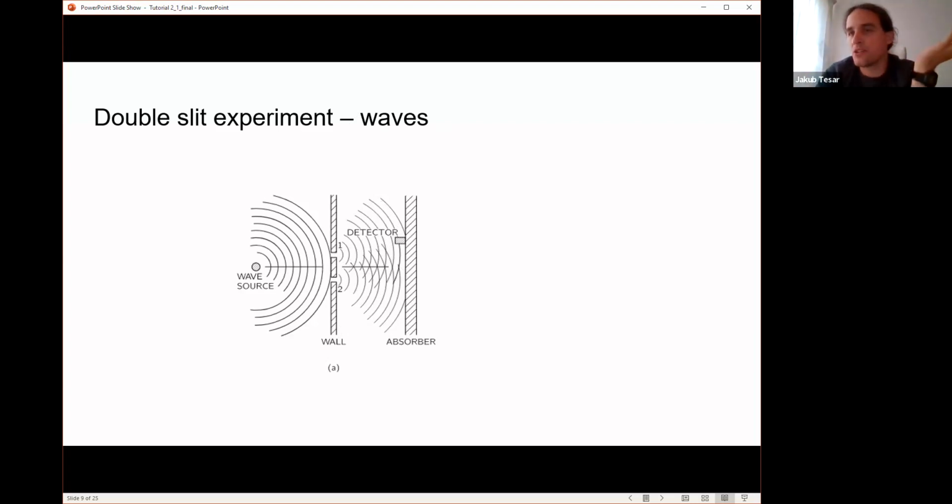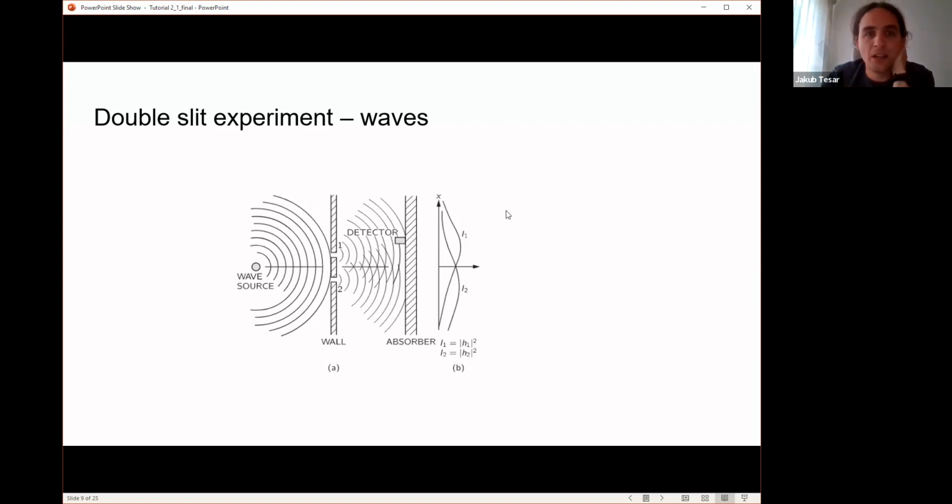So it's very much the Young experiment that I introduced before. So what would you expect here? First of all, let's talk about intensity. As I said, with waves, we take the height of the waves and square it, because the energy of the waves is the square of the amplitude.